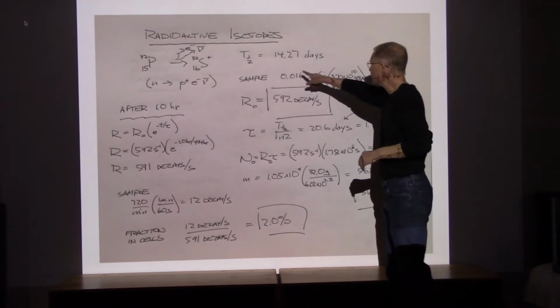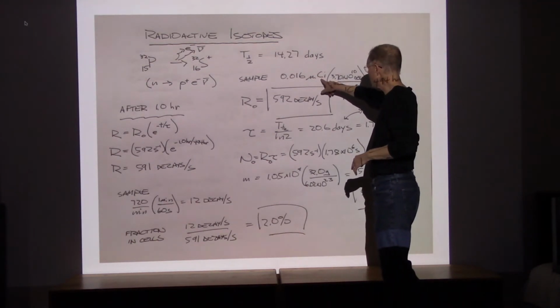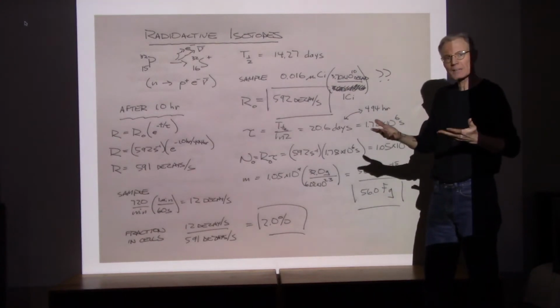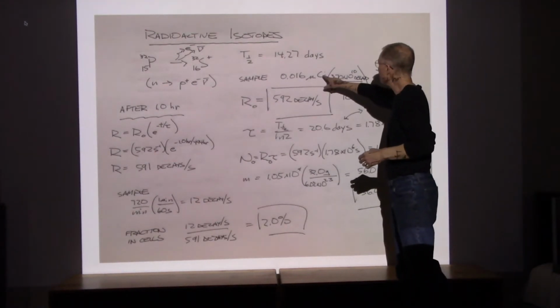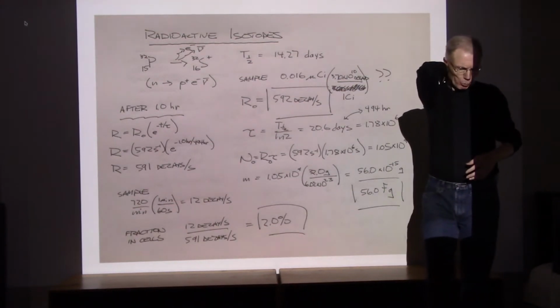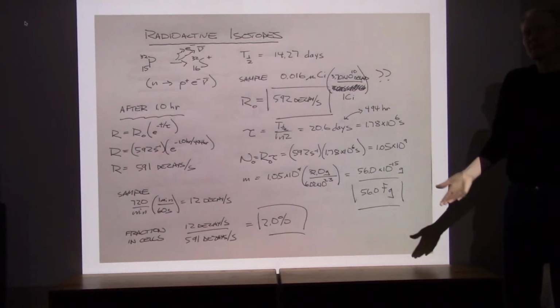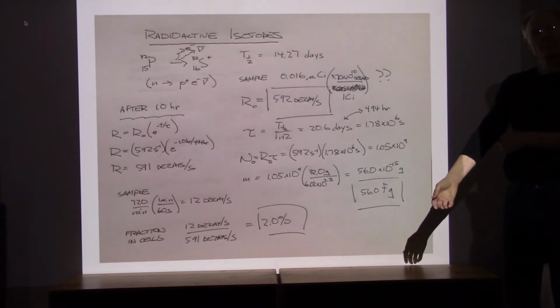Anyway, they've given me 0.016 microcuries. Now the micro is 10 to the minus 6, and even though the symbol here is Ci, the word here is Curies, and it's named after Marie Sklodowska, who is known as Madame Curie.